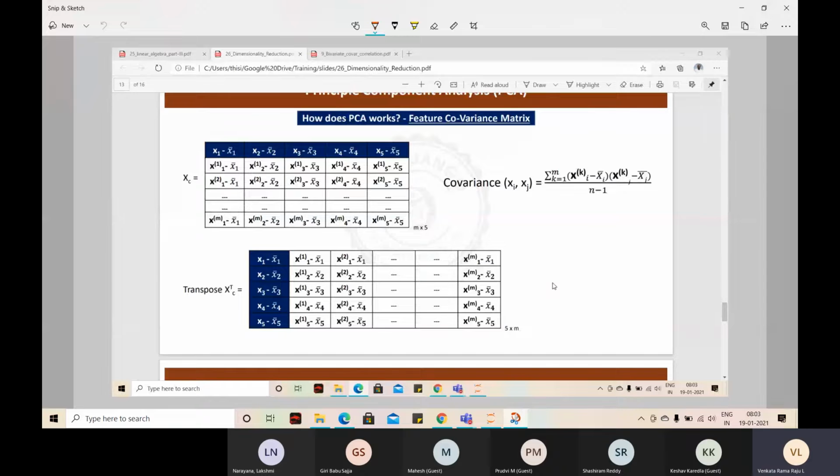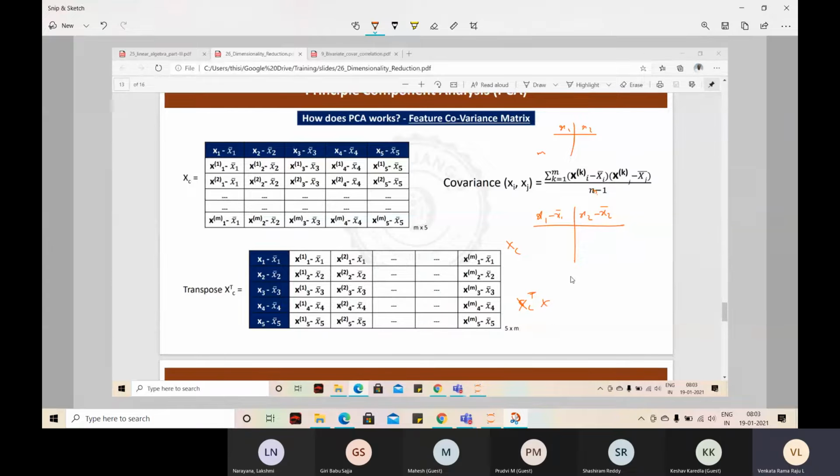If you have only X1 and X2, only two columns, and M number of values, then if you mean center this, what happens? It's going to be X1 minus X1 bar, X2 minus X2 bar. This is XC. XC transpose X is going to do what?